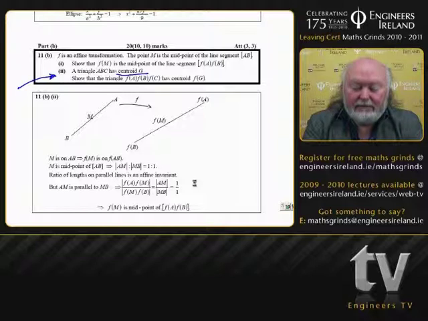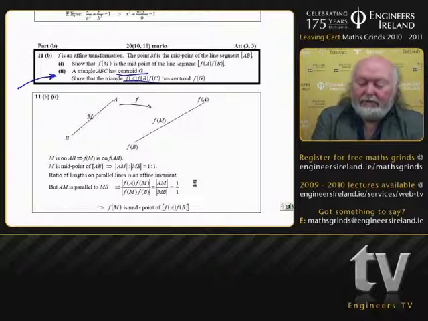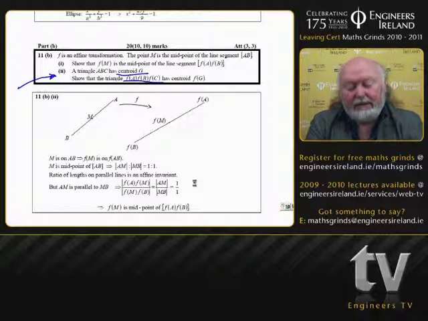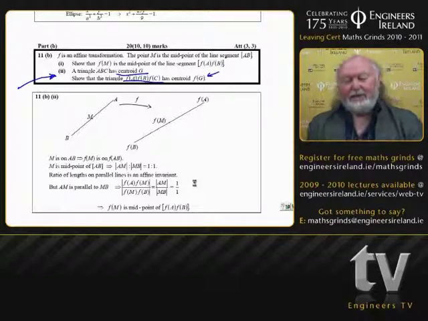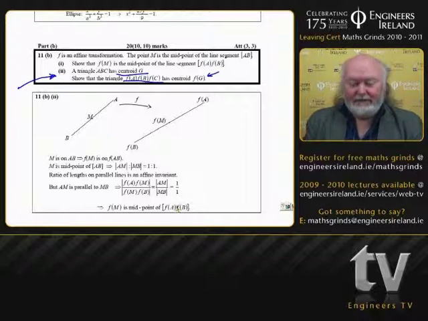And he's saying in the question, show that the triangle, which is the transformed triangle, has centroid which is equal to the transformed centroid of the previous triangle. Right. Let's get to its answer.